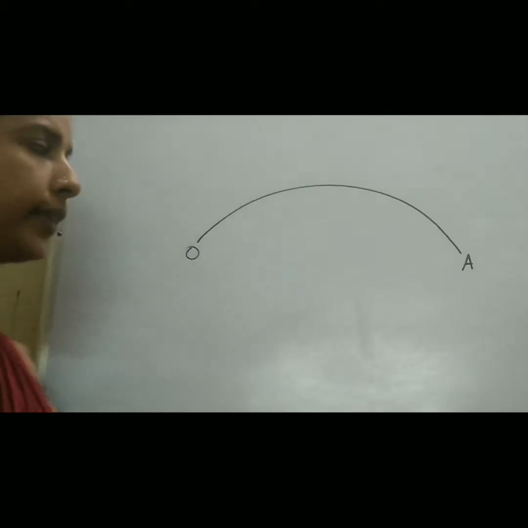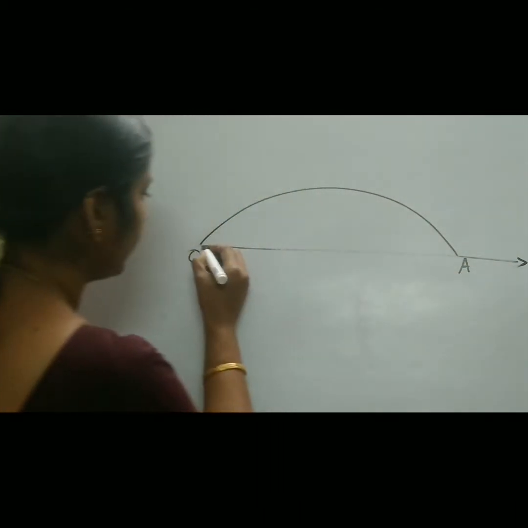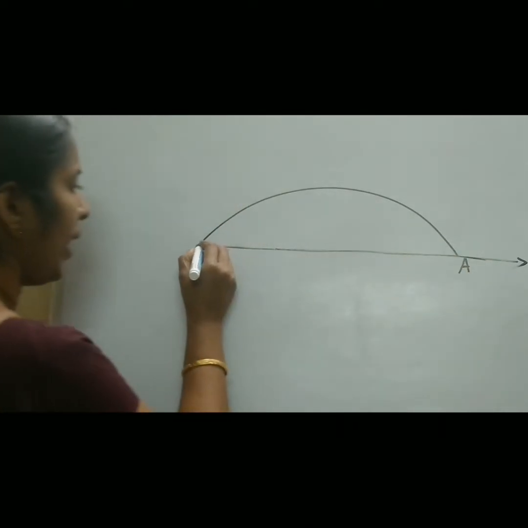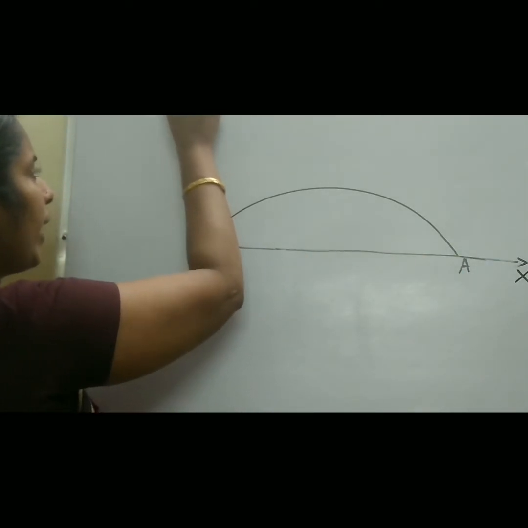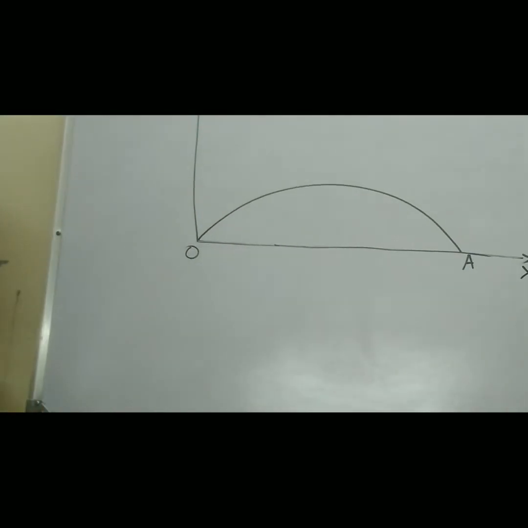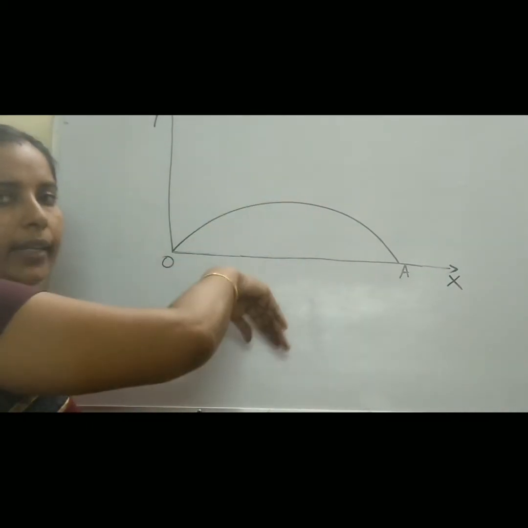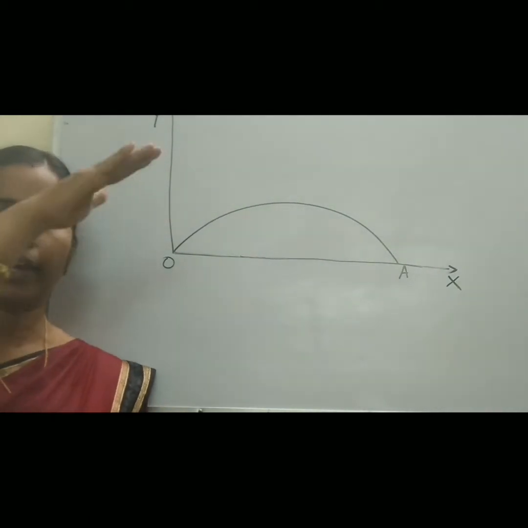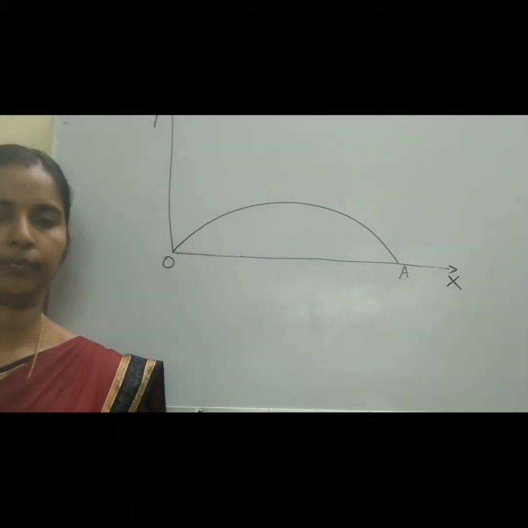Choose OA as the x-axis and OY as the y-axis. Let the string be pulled aside and released. You can see it vibrates about OA as its equilibrium position.